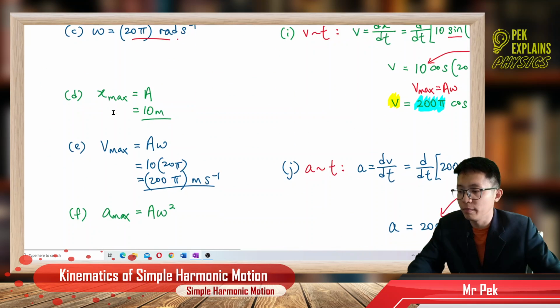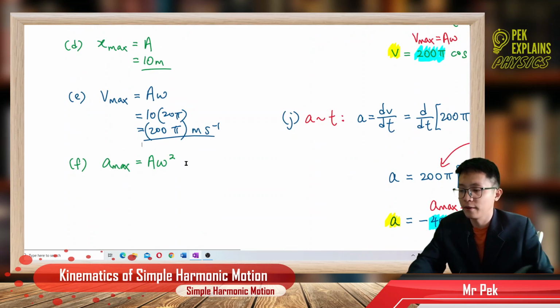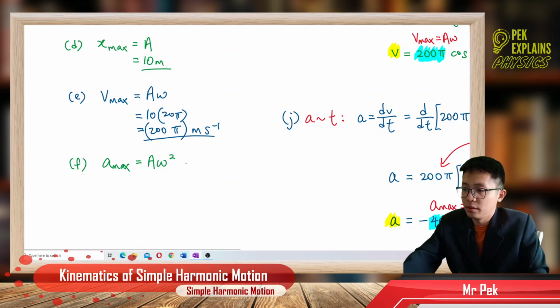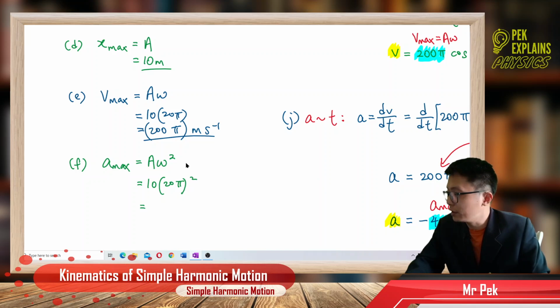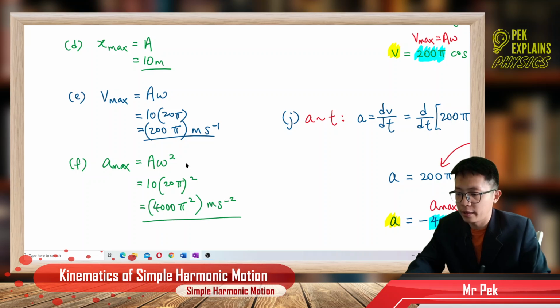Now, F, maximum acceleration. Very simple. The formula for maximum acceleration is A omega square. So maximum acceleration is 10 times omega squared, omega is 20 pi. After we multiply, we get 4,000 pi square meter per second square.